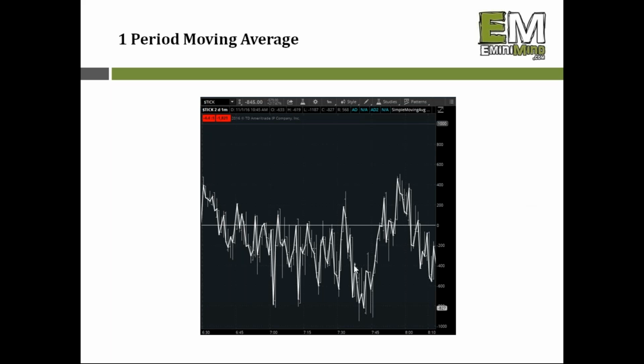But in general, just like you would look at a chart for trend lines, support and resistance, those kinds of things, you can do the same thing with the NYSE tick. Just glancing at this snapshot, you have a general series of lower highs and lower lows, and all of a sudden, boom, you get a spike in the NYSE tick.